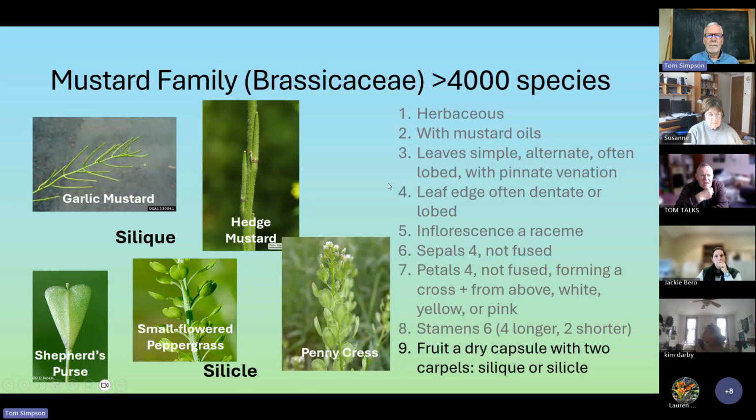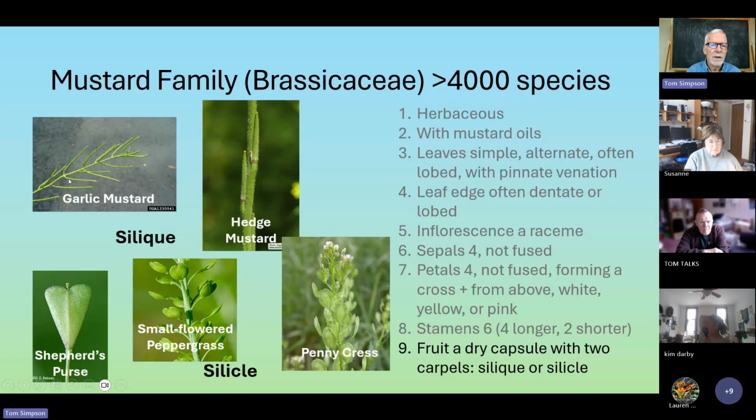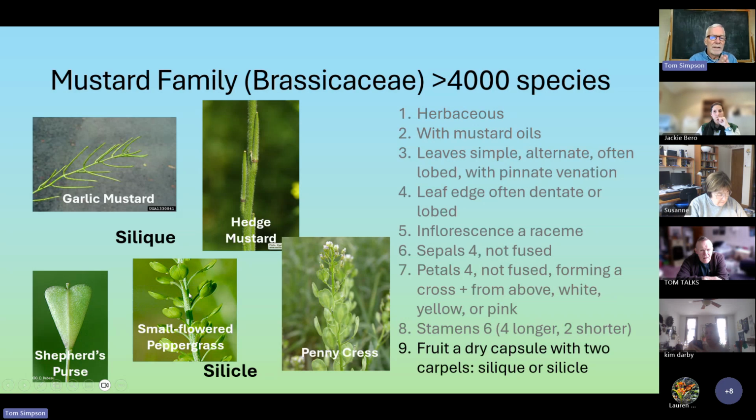The fruits of the mustard family are either these long, skinny things like garlic mustard or hedge mustard that are called siliques, or they're these flat, more disc or heart-shaped, in the case of shepherd's purse, that we call silicles. But again, they're always divided into two parts. They then split open to release the seeds.